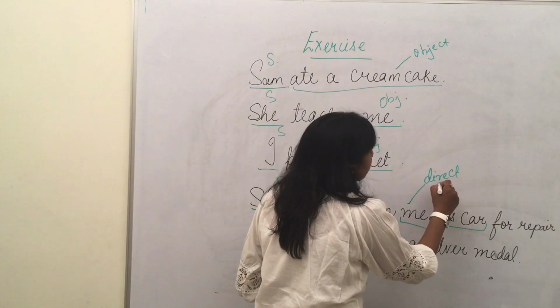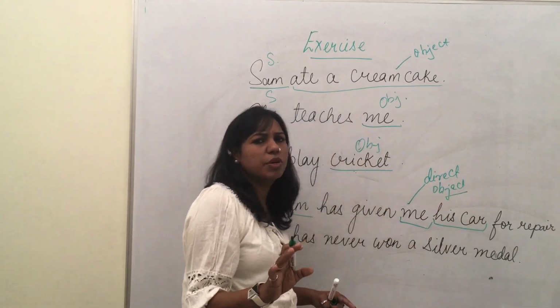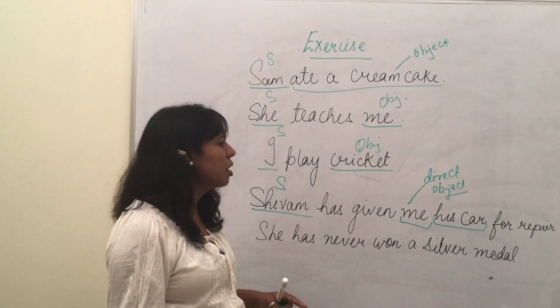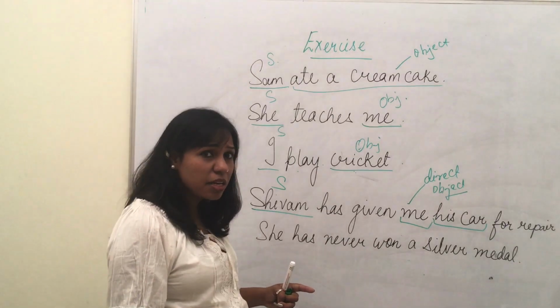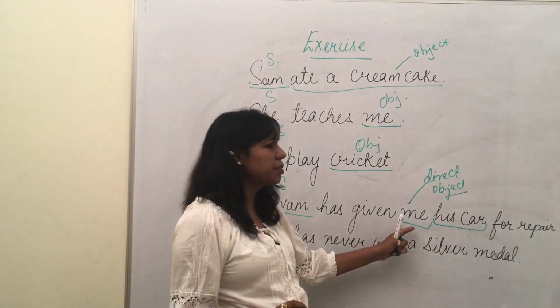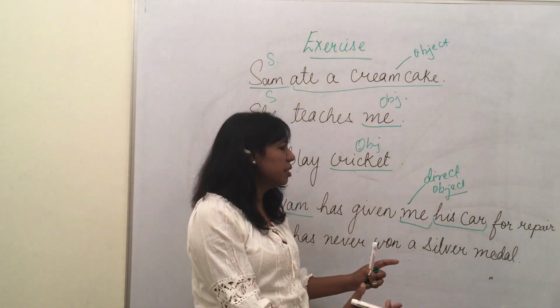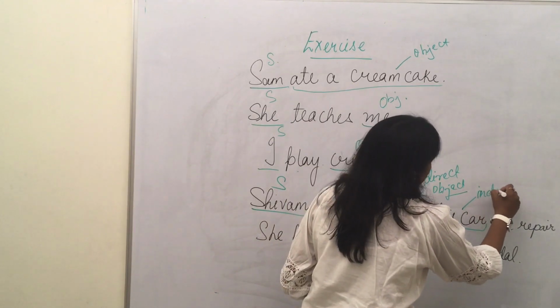So we are not going into detail on it. Just know that there can be more than one object in a sentence. It can be a direct object and an indirect object. When the action is done directly on the object in the first place, that becomes the direct object, and if it is followed by some other object in that sentence, that becomes your indirect object.